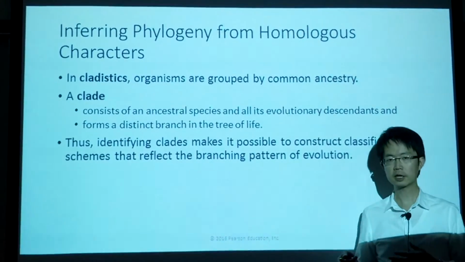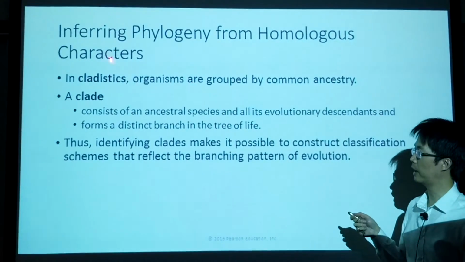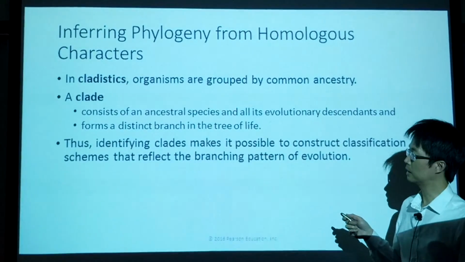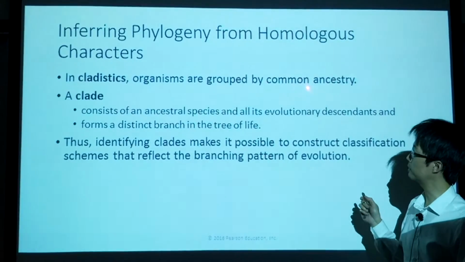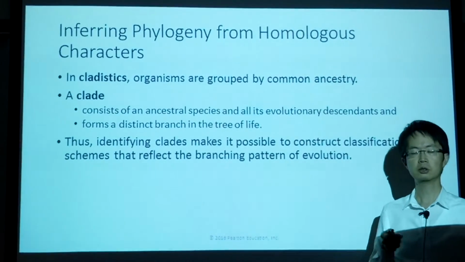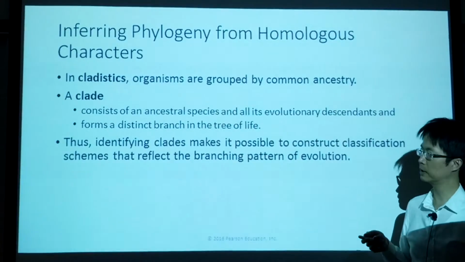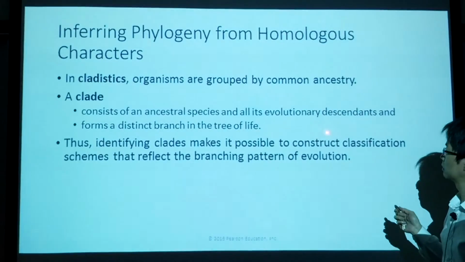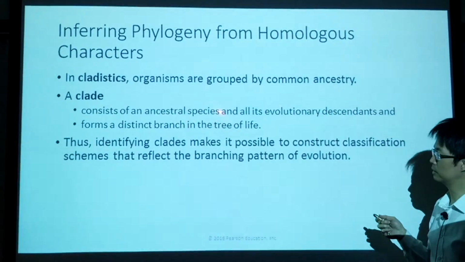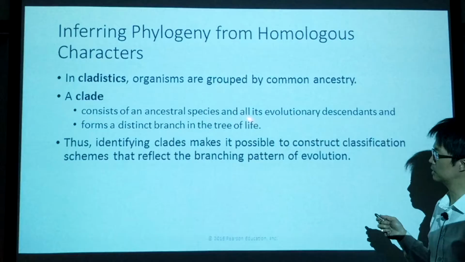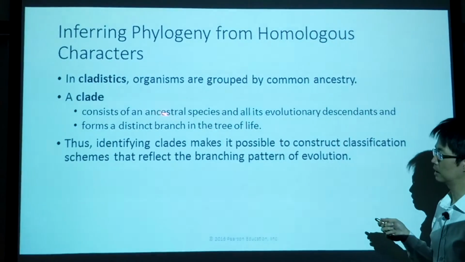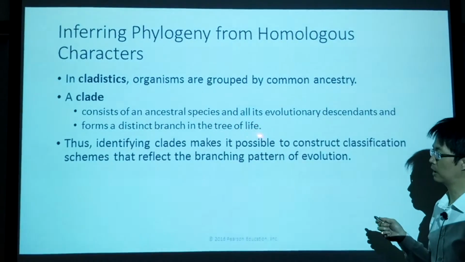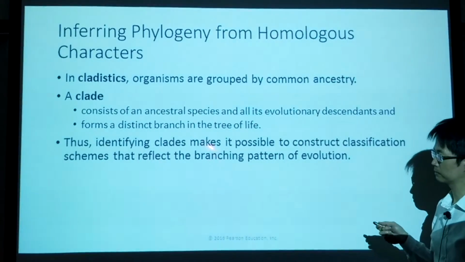And how do we organize them? We organize the animals in cladistics. Cladistics is a system that we group the animals by common ancestor. So a clade, what is a clade? It has an ancestral species and all the descendants, and it also forms different branches in the tree of life or the phylogenetic tree.